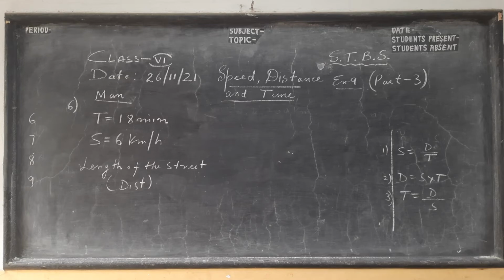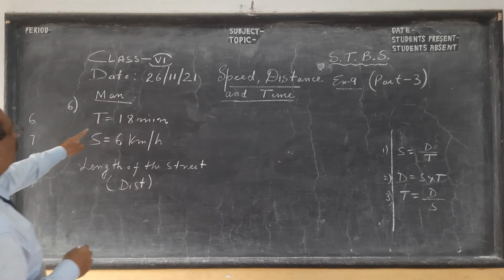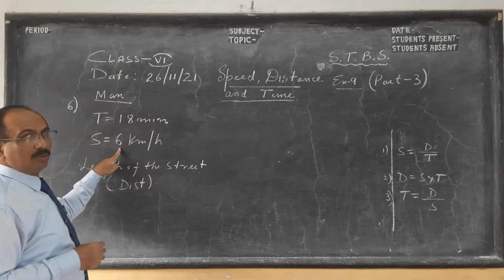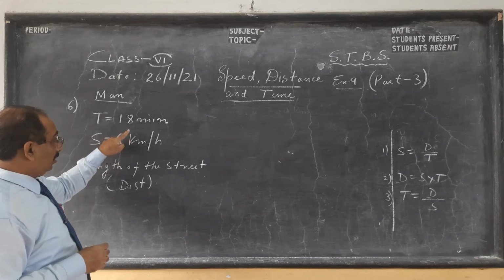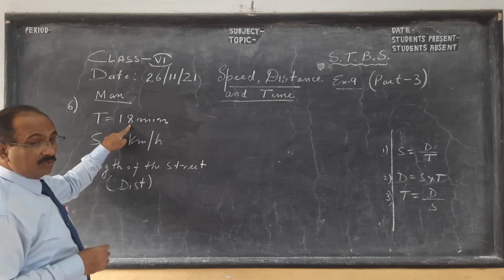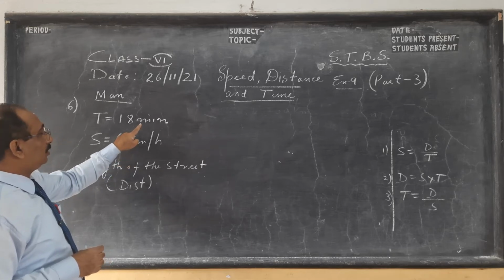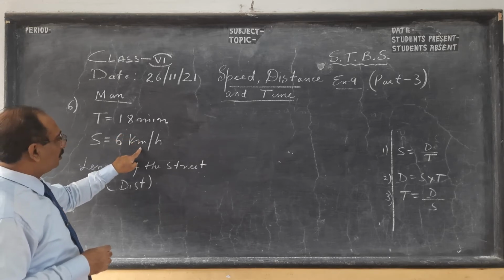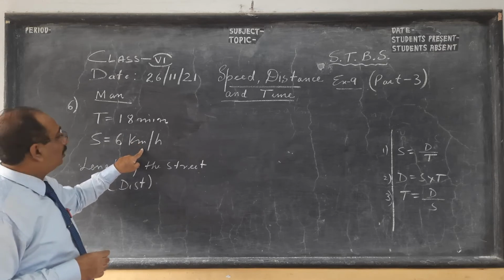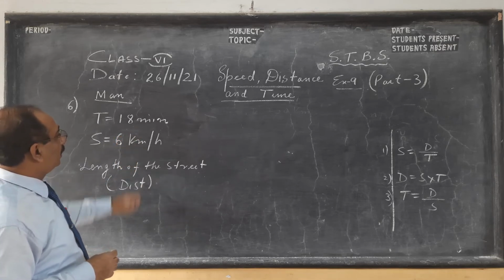A man walks a length of the street in 18 minutes at a speed of 6 km per hour. See the difference in unit. This is in minute, this is in kilometer per hour. So either this should be in second and this in meter, or if this is in kilometer per hour, this should be in hour.